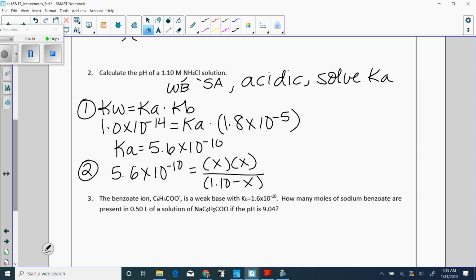I can eliminate that bottom x, so I'm just going to multiply it and square root it. It's an acid, so I can go ahead and get my pH negative log.